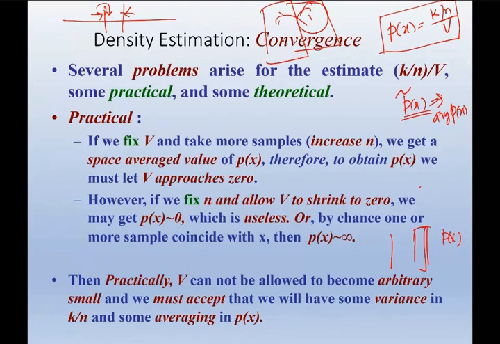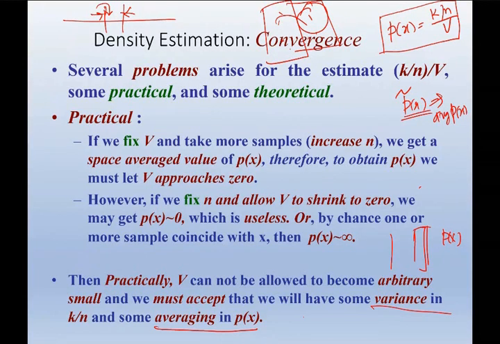So practically the volume cannot be allowed to become arbitrarily small, and we must accept that whatever we obtain has some variance in it and some sort of averaging effect. Whatever we estimate is not the actual value.